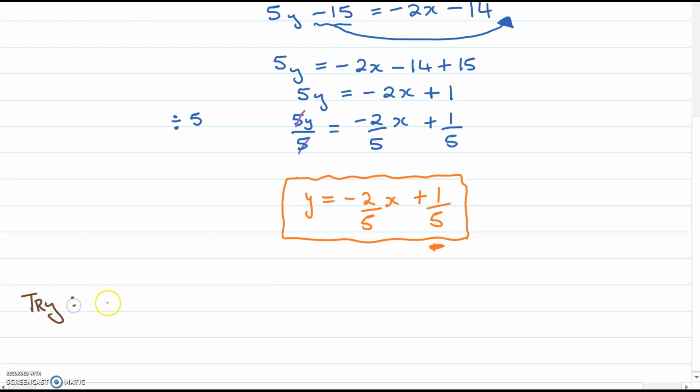Try finding the equation of a line that has a slope of negative 3/4 and contains the point 3, 7. It should be exactly the same as what we've just done. So if you get stuck, go back and look at this example again.